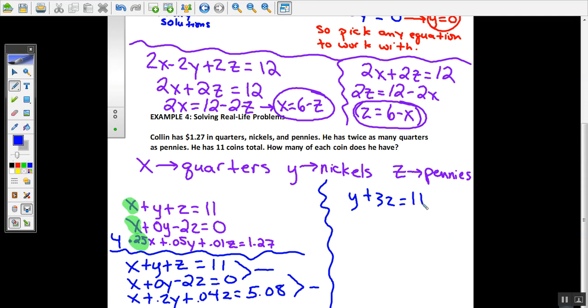So let's work, I should put a strike through here so we know that's a z. Let's work through this next one. Same thing right here. X minus x. 0y minus 0.2y.